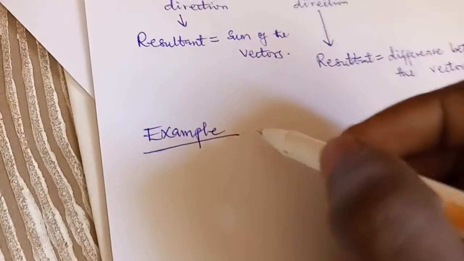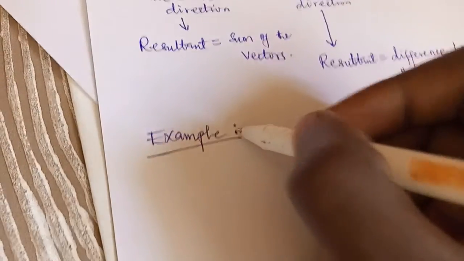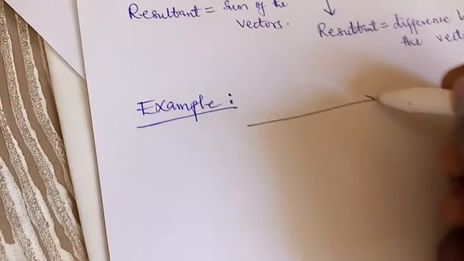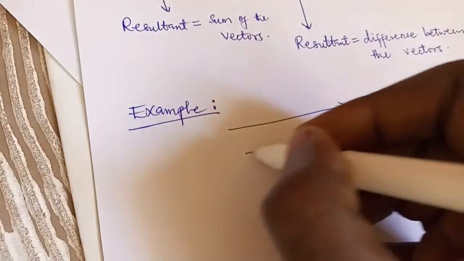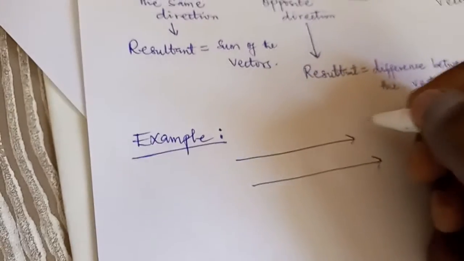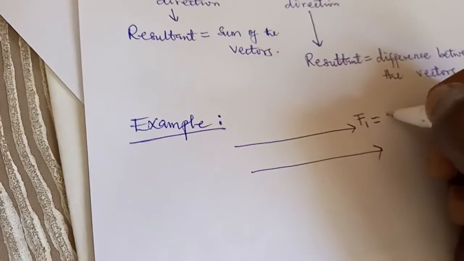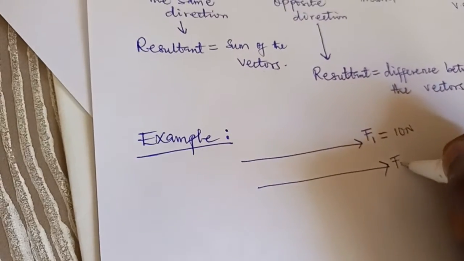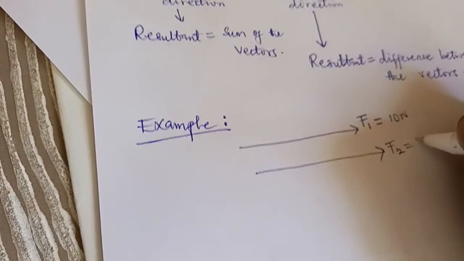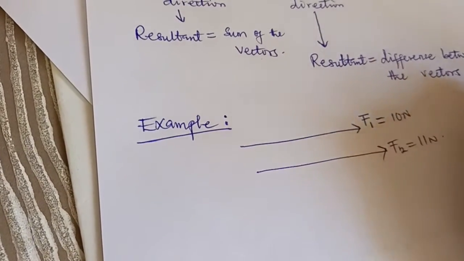Example, let's see. We have this is a vector. This is another vector. Let's assume this is F1, a force applied on an object, 10 Newton, and this is F2. Let's say this is 11 Newton.